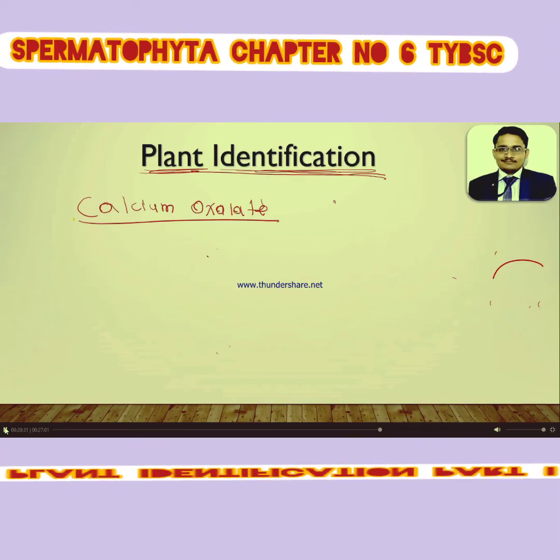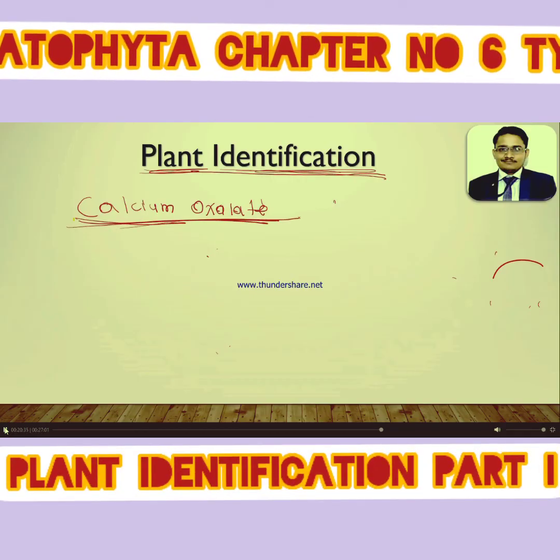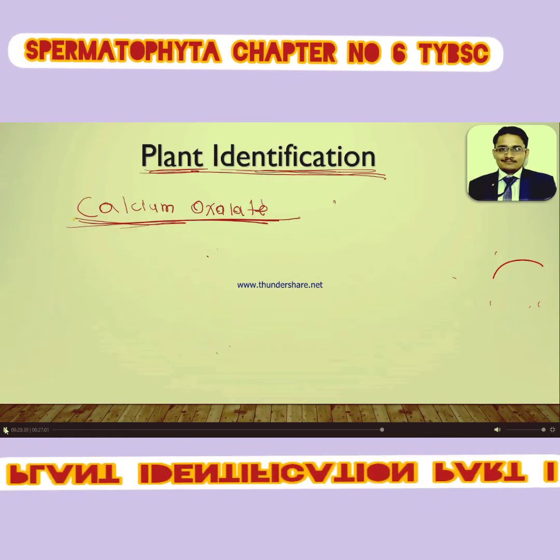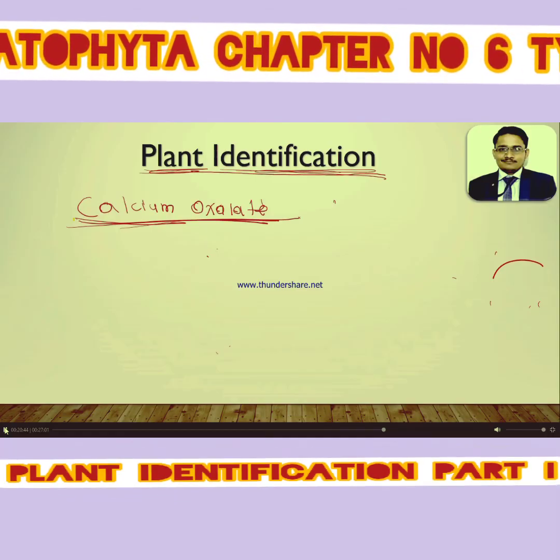They also found important characters, calcium oxalate crystals. It is also one of the important characters that can be studied only through anatomy and biochemistry. That is a technology that can identify the plant.